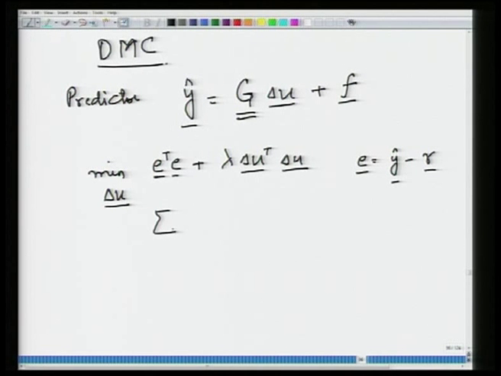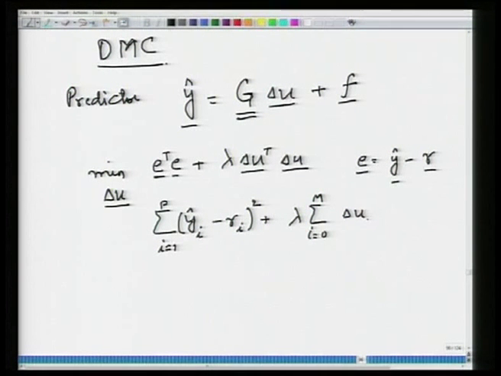So, if you want to look at it in its full form, what we are trying to minimize is the sum of y predicted at time index i, where i goes from the next sampling instant to p sampling instants ahead, minus the reference trajectory at i, whole square, plus lambda times the summation, i equal to 0 to m, of delta u at i squared.